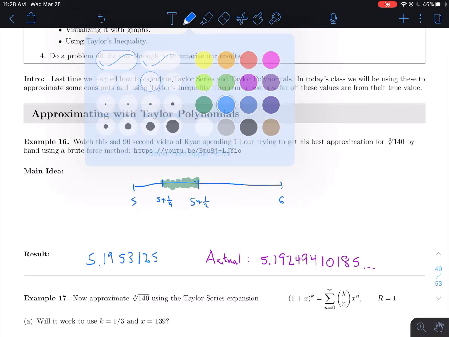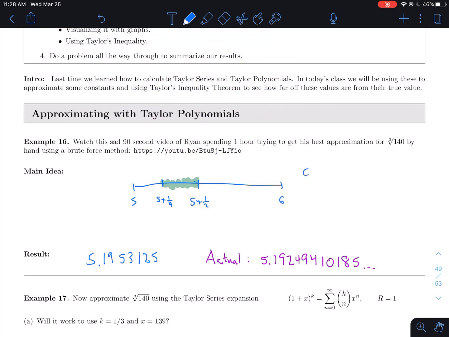There we go. So yes, we're just cutting the interval in half and cubing our guess.